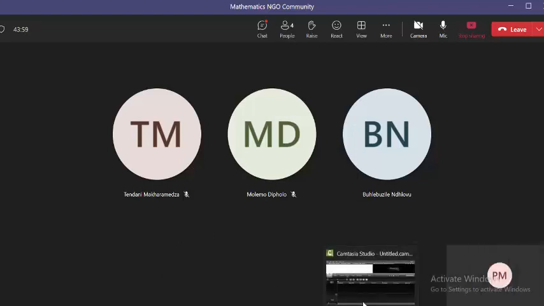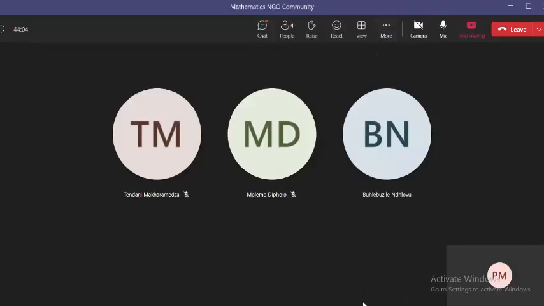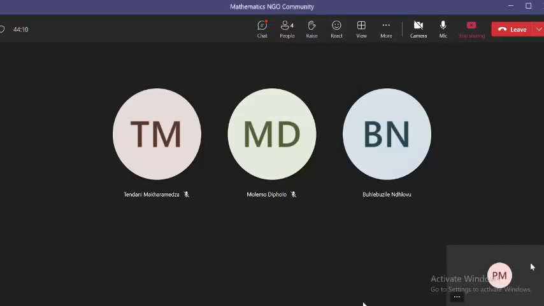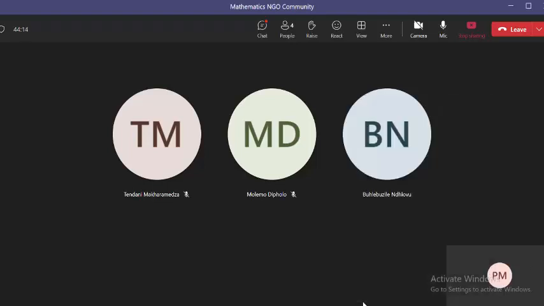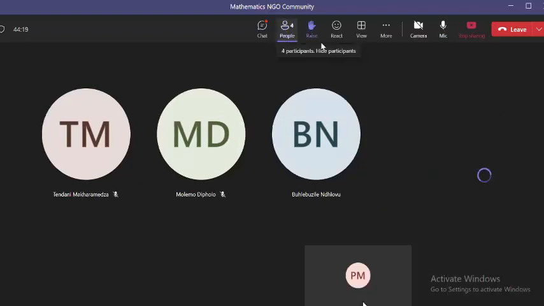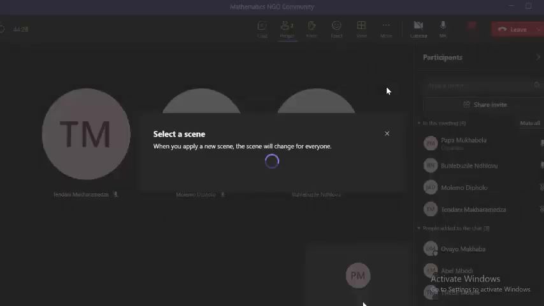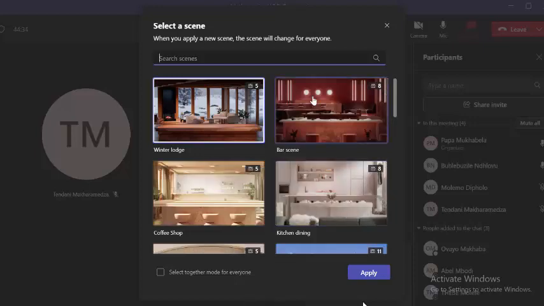Okay, let me do this. Are we struggling to see the shared screen? Wow. It's new. Let me just check on my view. Together mode preview. Let me see. Together mode preview, when you're selecting this. Okay, I'm trying to.